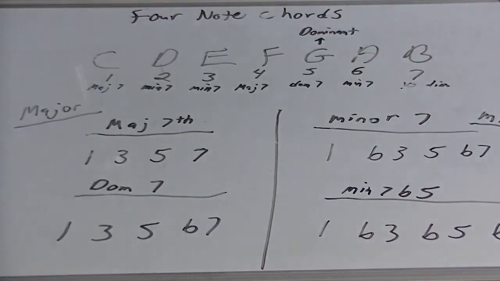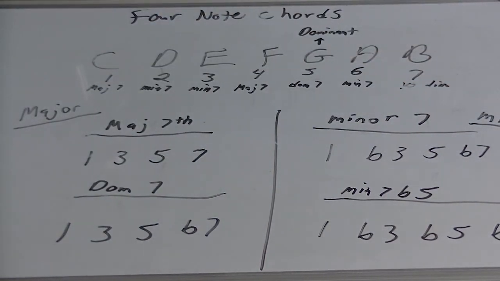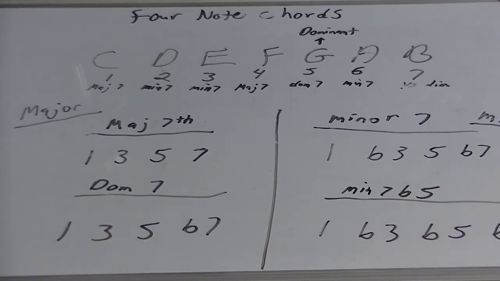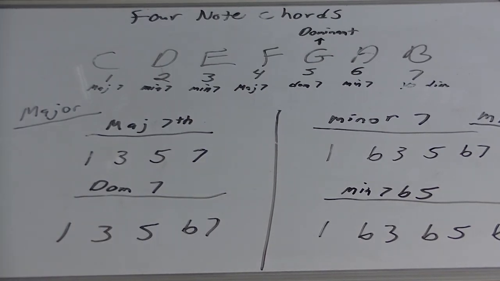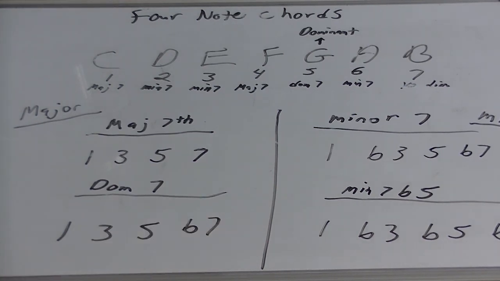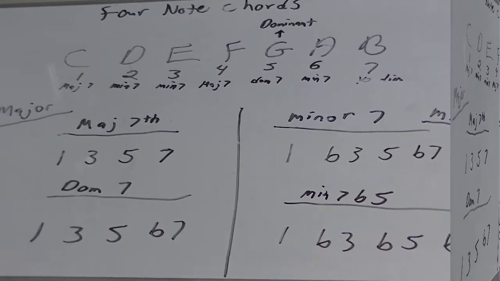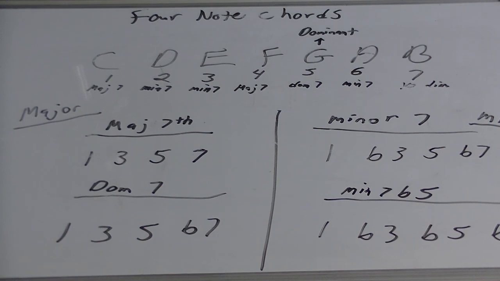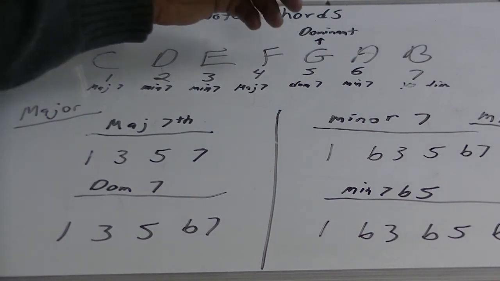And it's important to understand these because these 4-note chords are commonly referred to as substitution chords. The reason they're referred to as substitution chords is that they can be used as direct substitutions for the triads. So this is the basic fundamental information of the lesson.